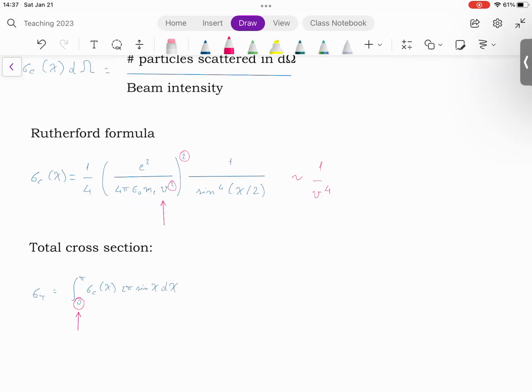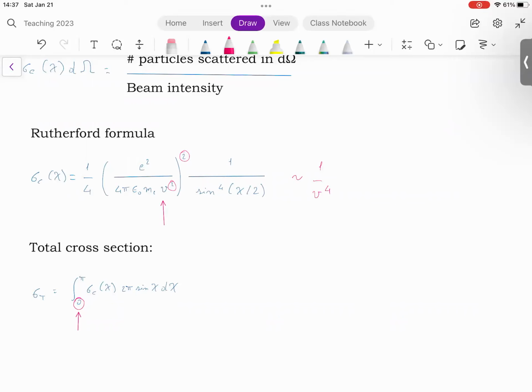This integral depends on the sine of the angle divided by 2 to the 4th power. So that cross-section diverges for the angle going to 0.